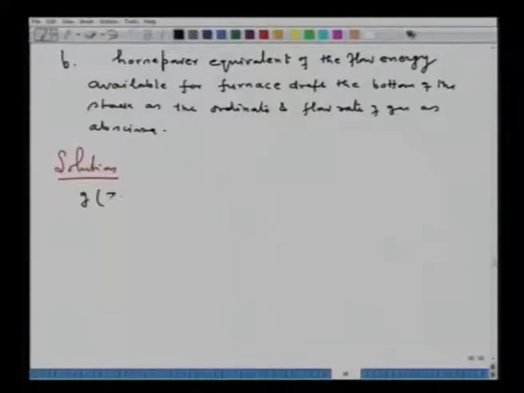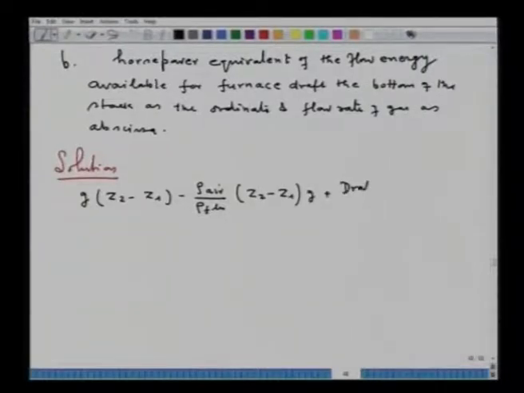So the Bernoulli equation is g(Z2 minus Z1) minus rho air upon rho flue into (Z2 minus Z1) into g, plus draft upon rho flue, plus EF, that is equal to 0.